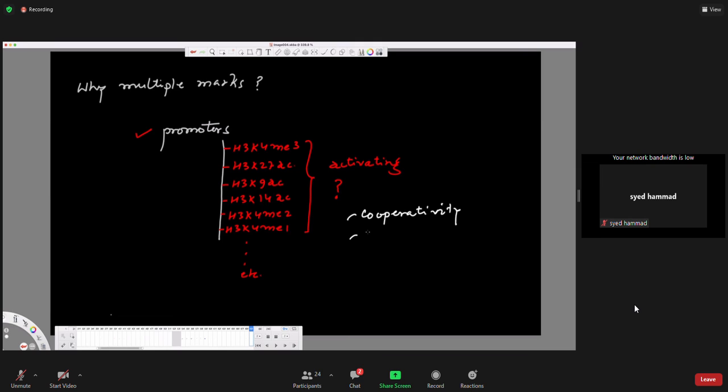Speculative but educated speculation. Robustness means that, let us say, one of the machinery, one of the acetylation or methylation marks, some of these marks are actually not properly working.